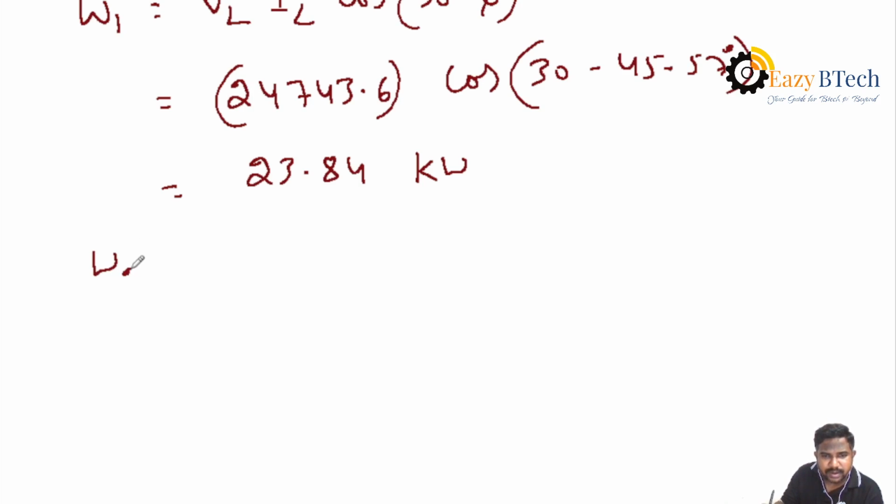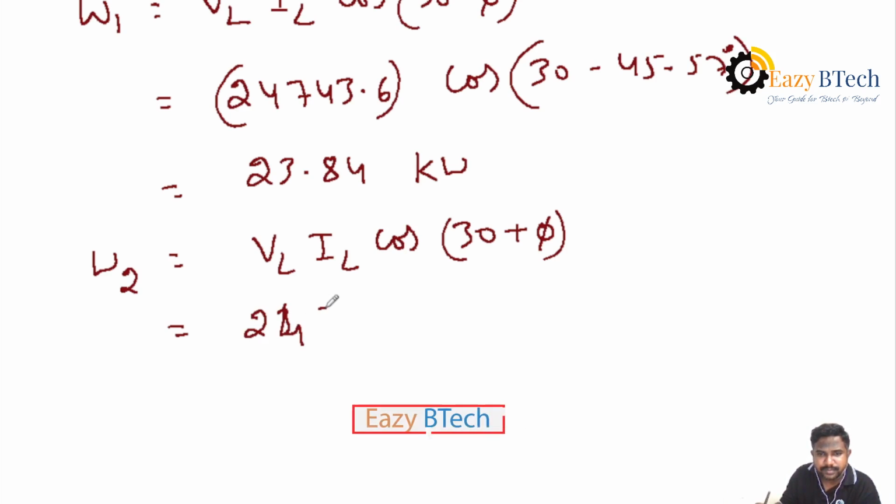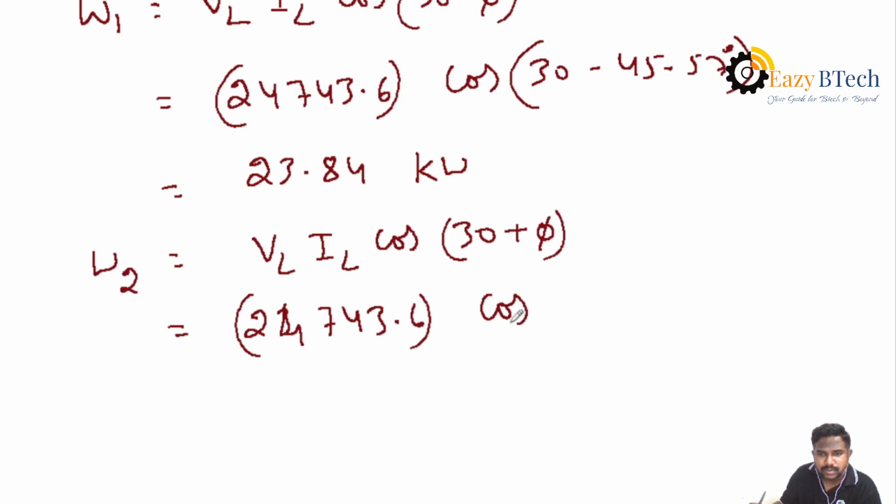Similarly, for the reading of the second wattmeter W2, the formula is VL into IL into cos of 30 plus phi. We already know the value of VL into IL, that is 24,743.6, into cos of 30 plus 45.57 degrees.